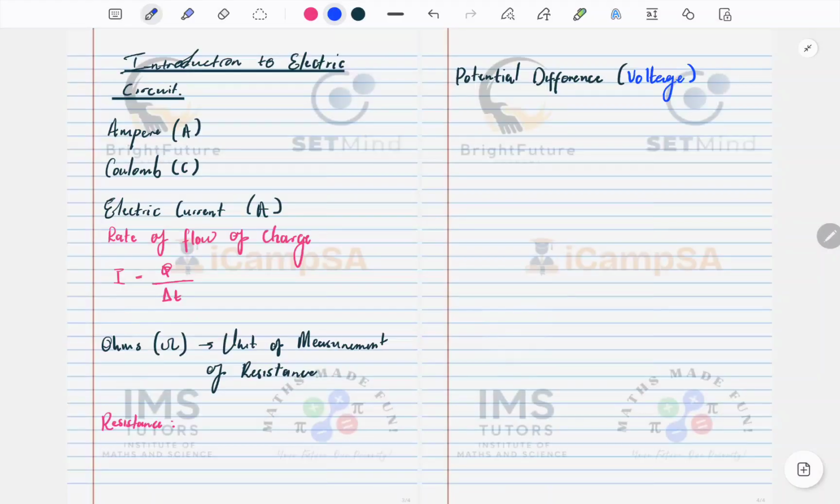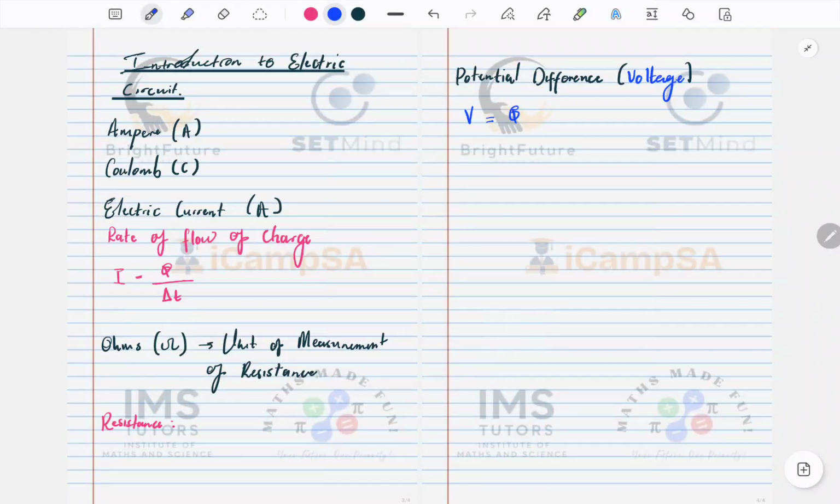We already know that it is measured in volts. So this is equal to V, our charge here, which is Q.